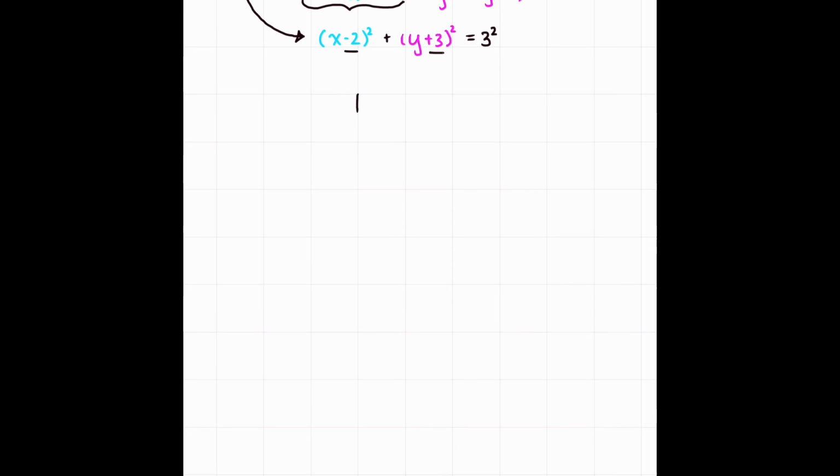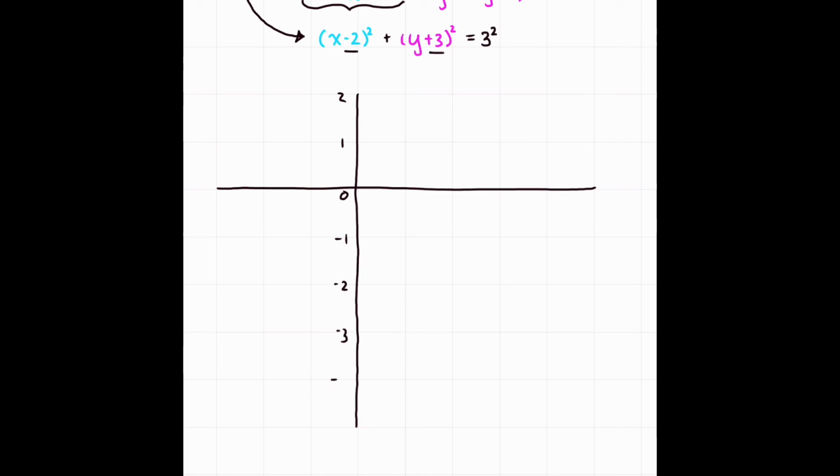Well, if we draw our Cartesian plane, we know that the center of our circle is going to be right here. And why is that? Because x is going to be equal to 2, y is going to be equal to -3.